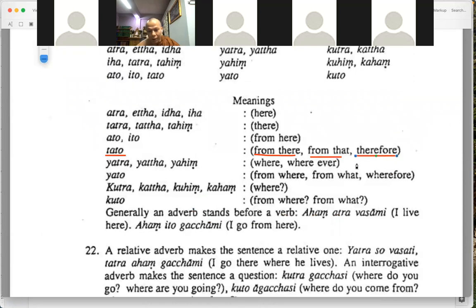Okay, and therefore or therefrom also. Therefrom also possible. But from there is separated word. Therefrom is single word. From there, therefore. Okay. Thank you. Okay, Bande.